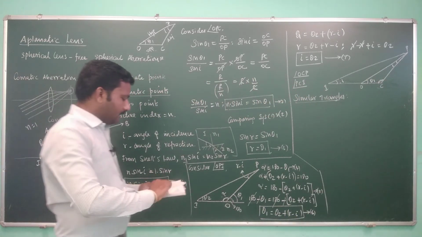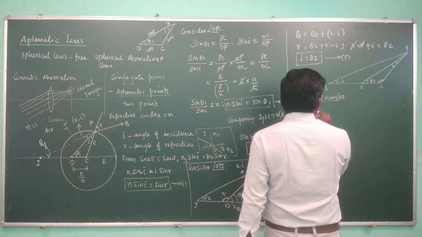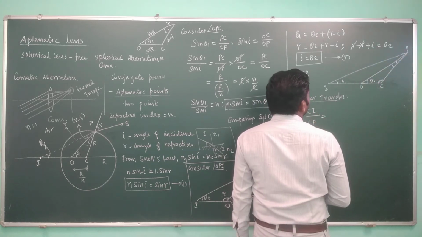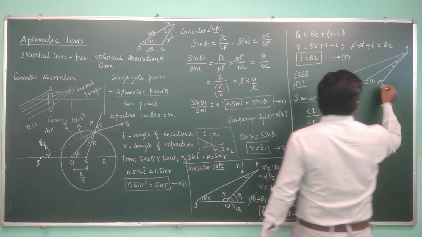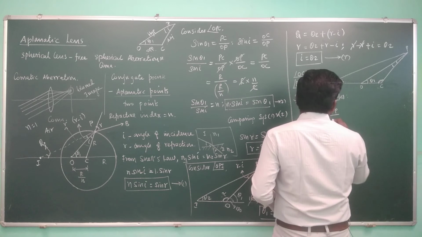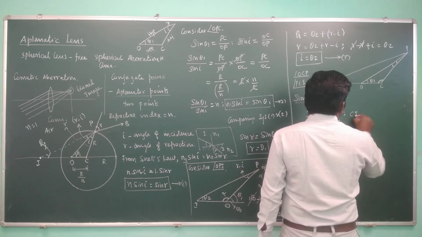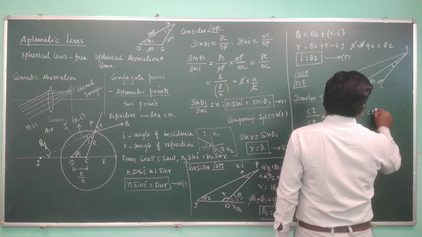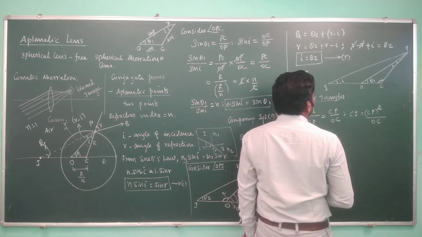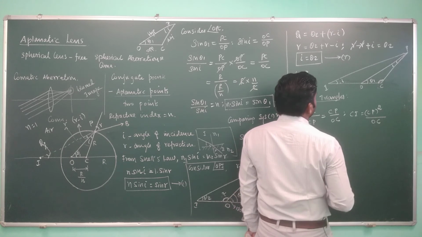So for these similar triangles, you can write CI by CP, which is equal to CP by OC. So you can write CI as CP square by OC. CI is this distance, right? That is what we are going to obtain.